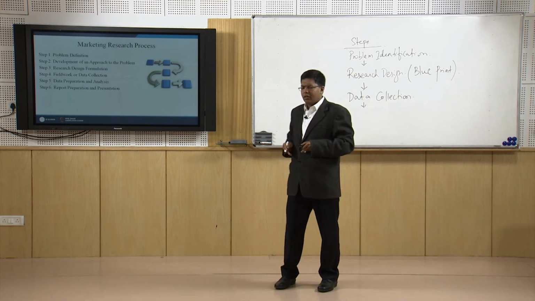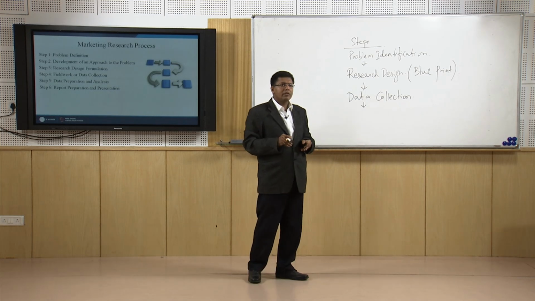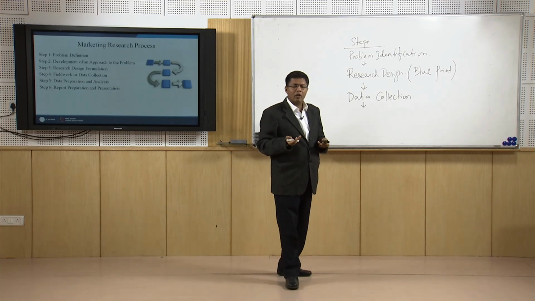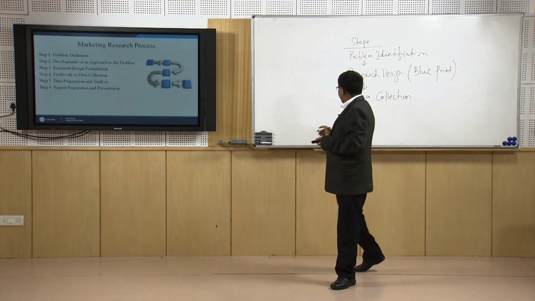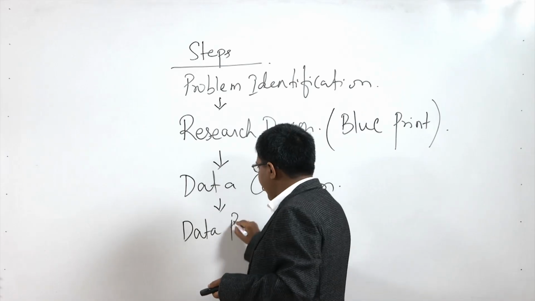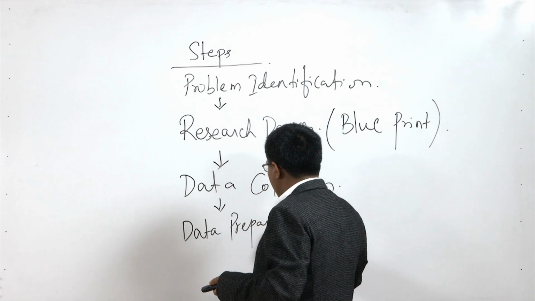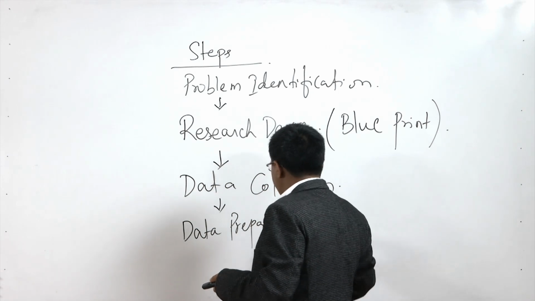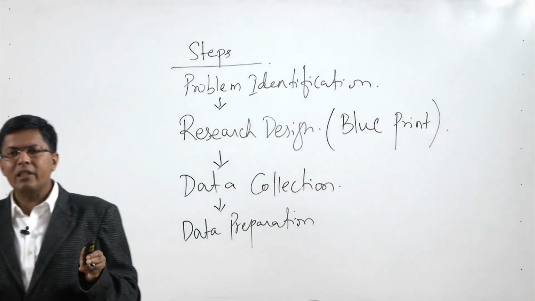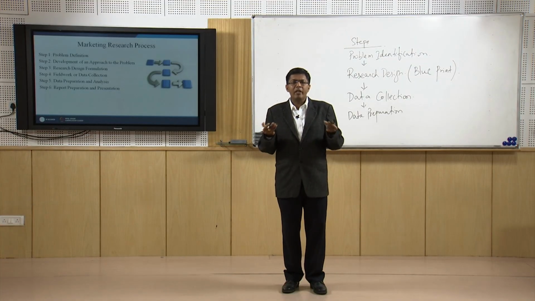Then, one of the most important things which generally people avoid, mostly all researchers avoid, thinking it is not so important, is data preparation. Data is something very raw in nature. So data will make no sense until and unless it is properly utilized.